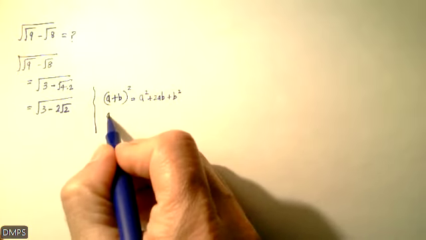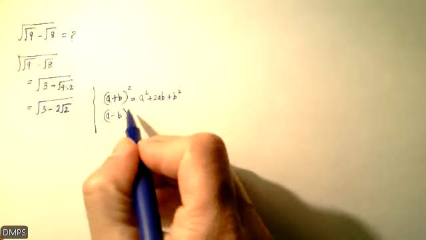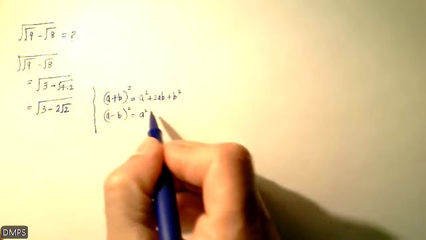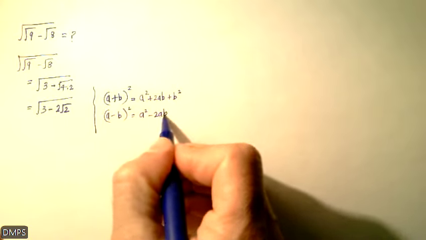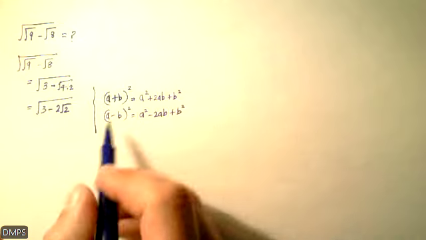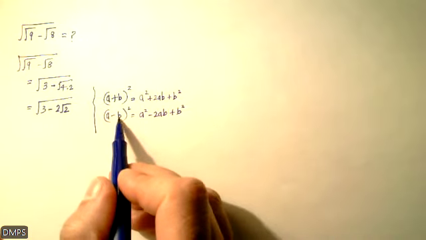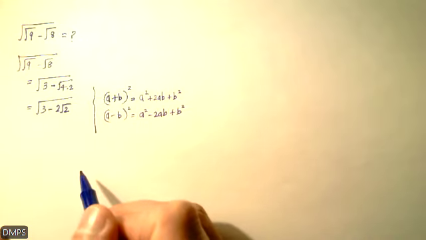In the same way, we have the other formula: a minus b squared is equal to a squared minus 2 times ab plus b squared. It's the square of the first, minus twice the product, plus the square of the last.